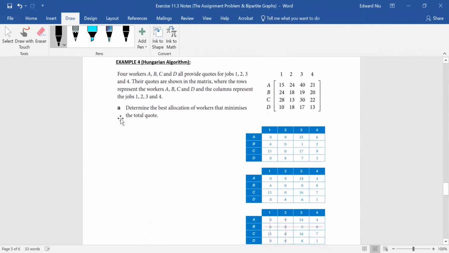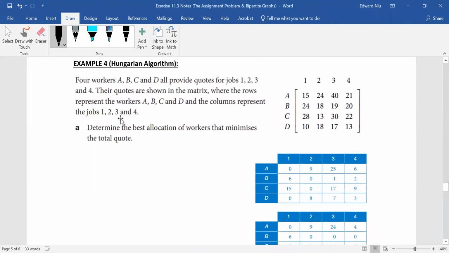All right, so we've got 4 workers here, A, B, C, and D, and this time they all provide quotes for jobs 1, 2, 3, and 4. Their quotes are shown in the matrix where the rows represent the workers A, B, C, and D, and the columns represent the jobs 1, 2, 3, and 4.